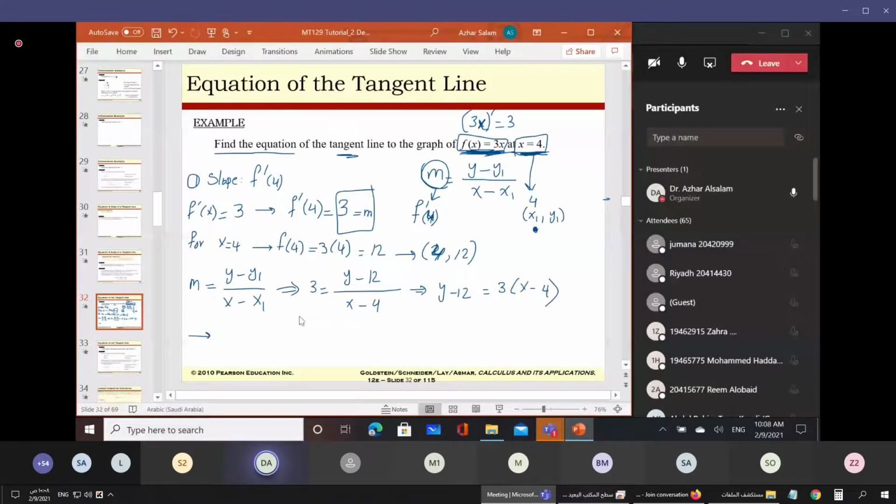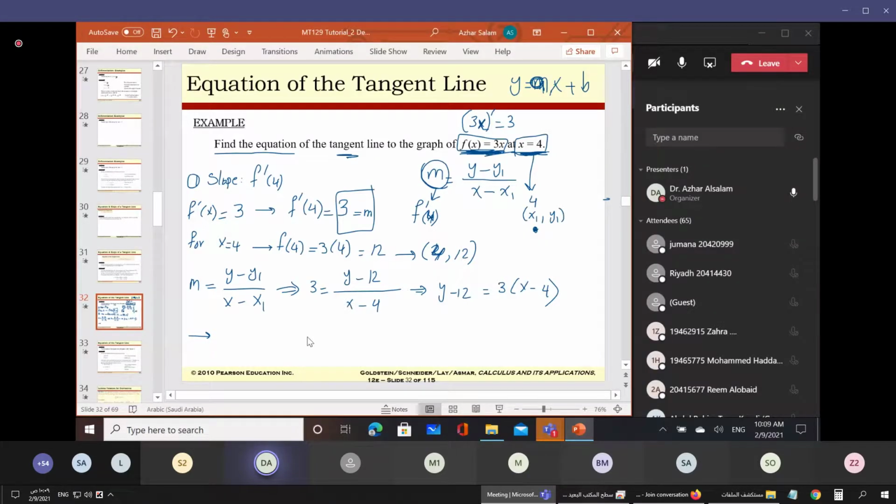And complete, of course, to simplify until I reach the equation y equals mx plus b, or let's say a, so as not to be confused with the slope of the tangent line.